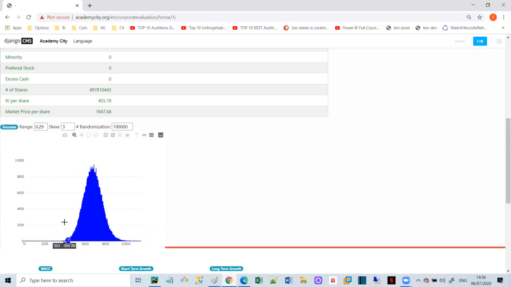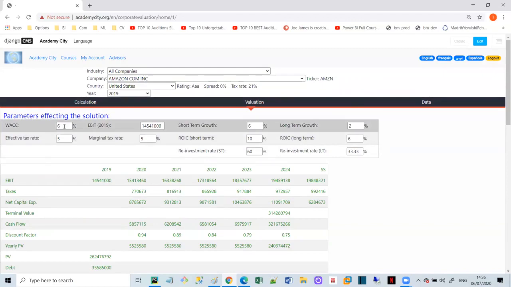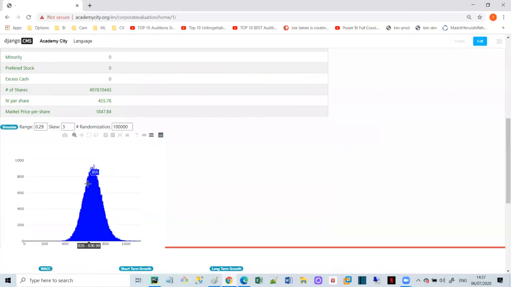What it does really is pick up 100,000 numbers, a vector, in fact, 100,000 times this one, 100,000 times this one, and it picks numbers randomly around those ones and does the whole calculation 100,000 times. And that's the range that you're getting. So after doing that one, I'm quite comfortable it's most likely overvalued.